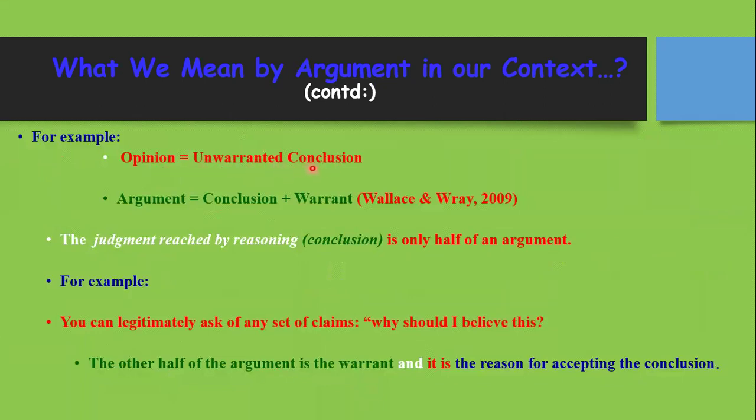So the first line of every argument is basically an opinion. Whenever you provide some evidence in the form of warrant and you conclude from that evidence, you are making an argument. Always remember, if you are providing just an opinion, it is not considered an argument.